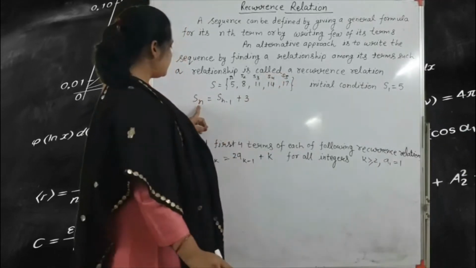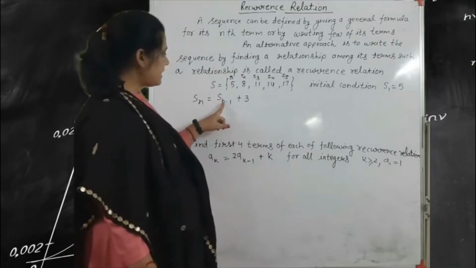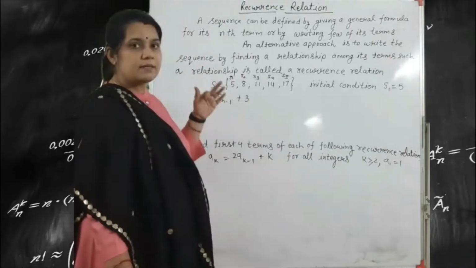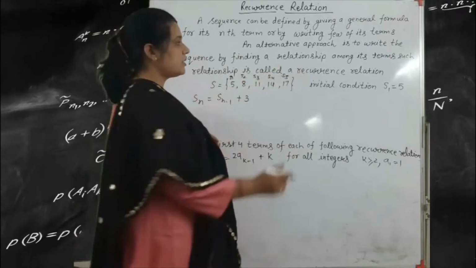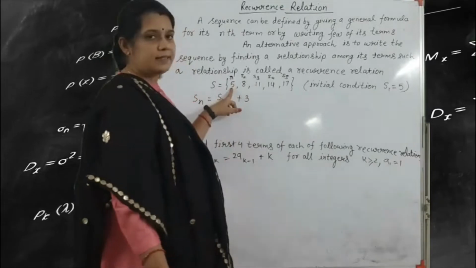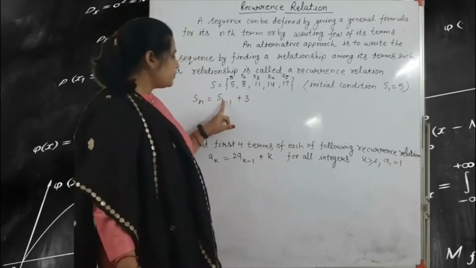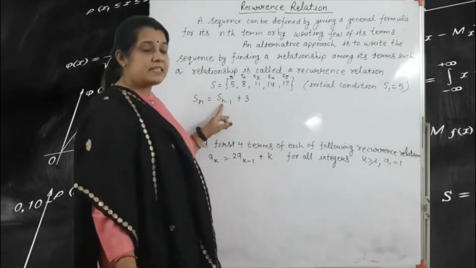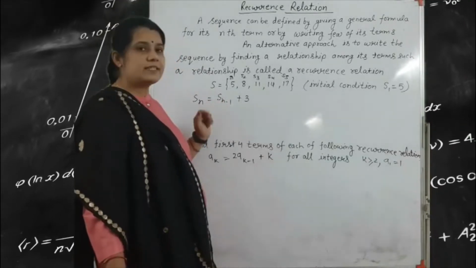Here we consider the recurrence relation Sn is equal to Sn minus 1 plus 3. We are given the initial condition S1 is equal to 5, that means we have the value of the first element according to the set. Now we put the value of n, obviously n is equal to 2.